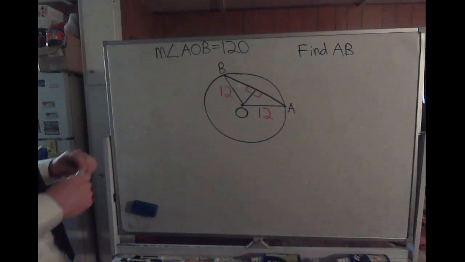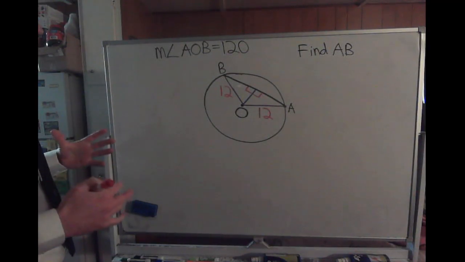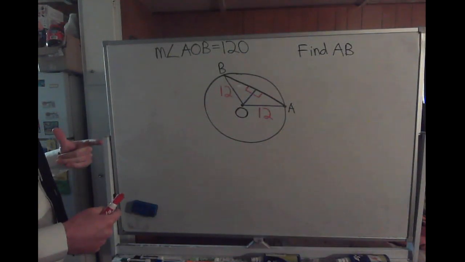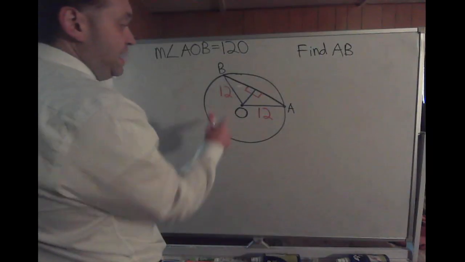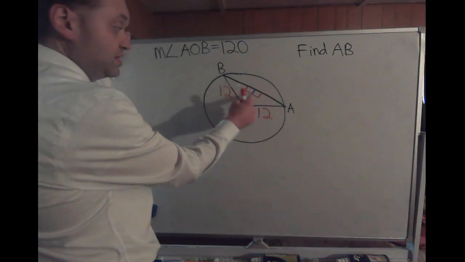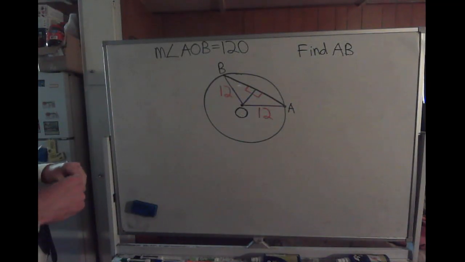All right, so we now have two right triangles, went right to the center. Well, we have definitely the hypotenuse of each right triangle is congruent, and so is a leg. So therefore these two triangles are congruent.